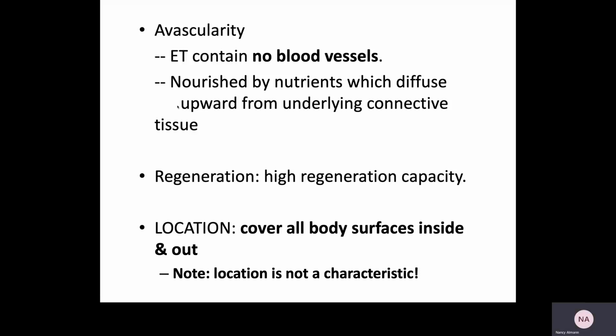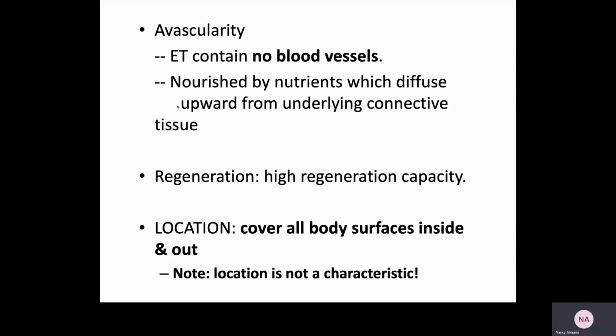Because of that, you're going to notice two facts. These cells have to regenerate really quickly, because if you are not getting nutrients except via diffusion, your chance of living for a long time is pretty limited, especially if you're talking about multiple layers.